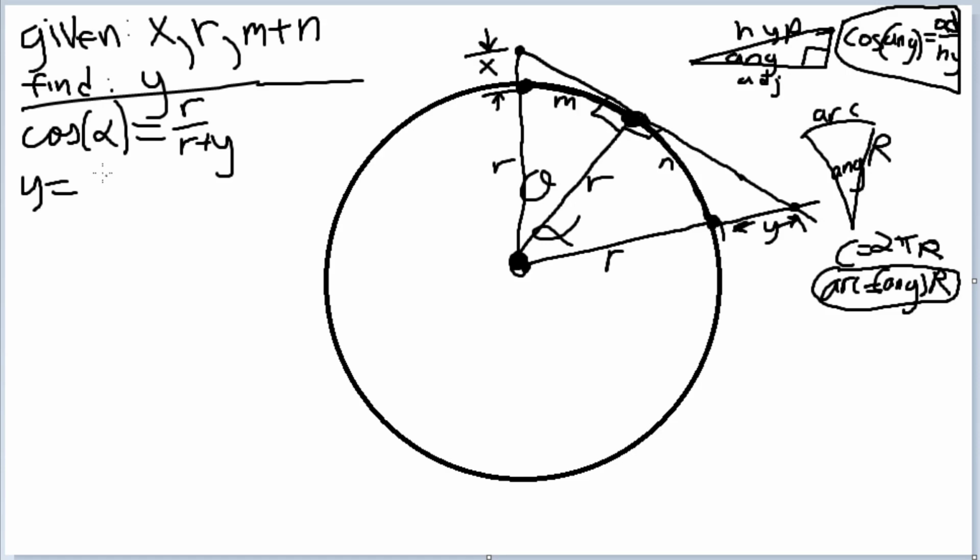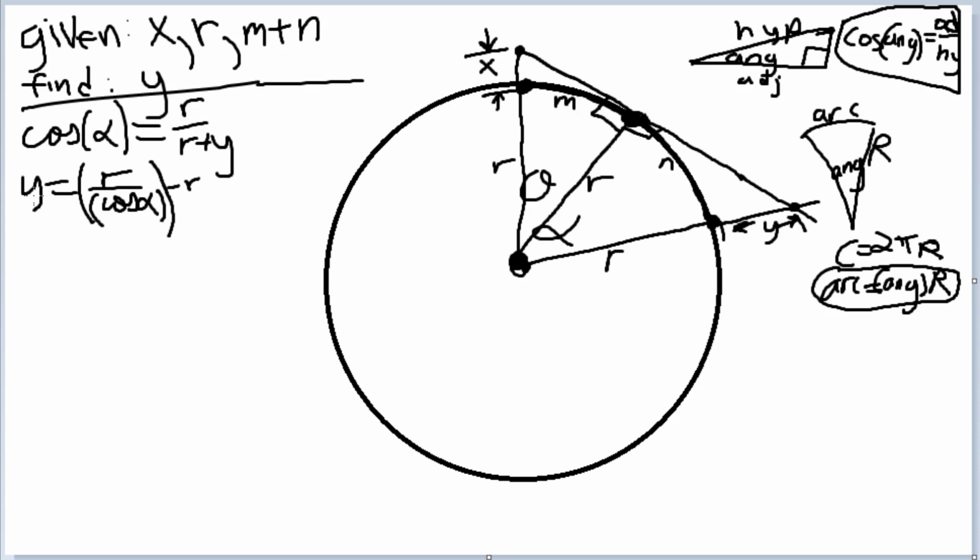So when you write it out, y equals r over cosine alpha minus r. Brackets are important. Yeah, r plus y goes with that.